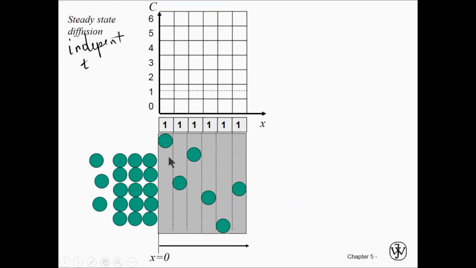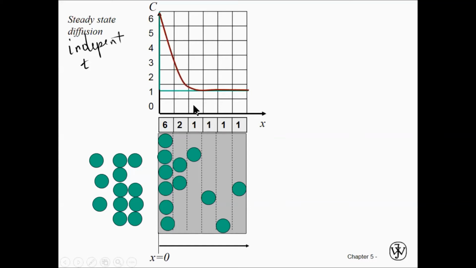I have aluminium atoms over there, but I didn't draw them to make things simple. So let's start. If you see, concentration changes. At the surface I have maximum concentration. Again, at the surface when X is 0, I have maximum concentration, and when I go deep below the surface, it is 1. It didn't change.